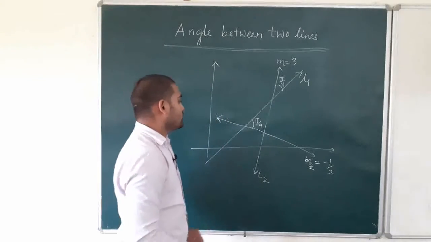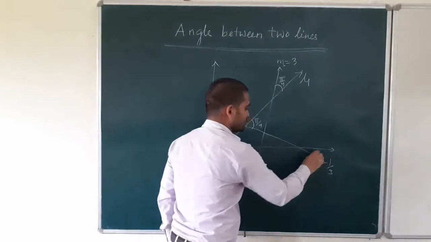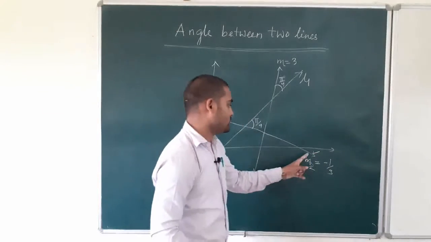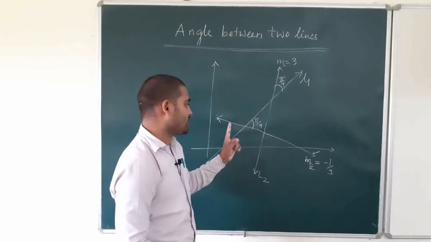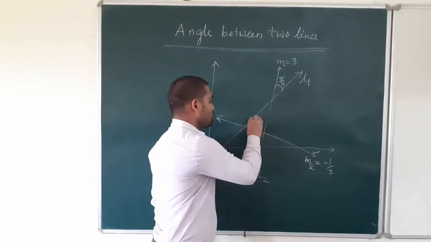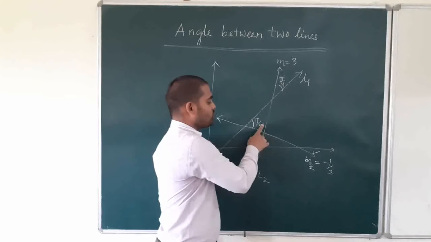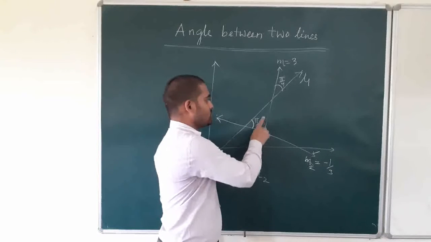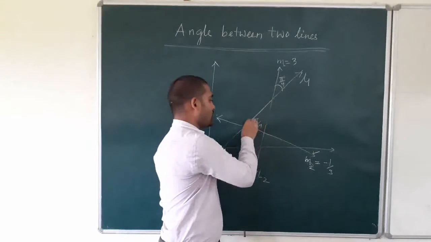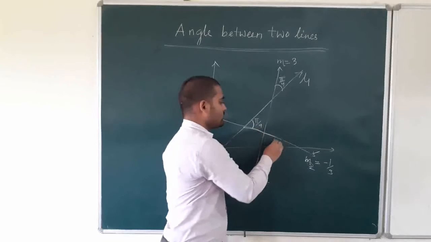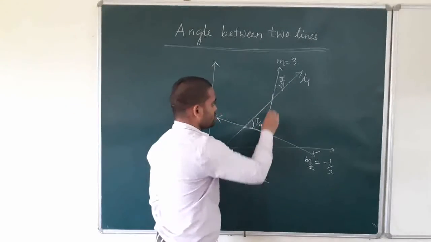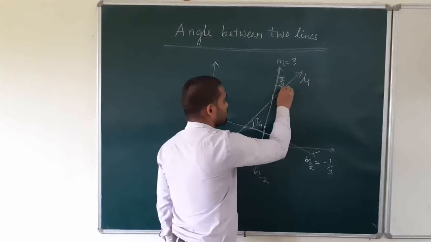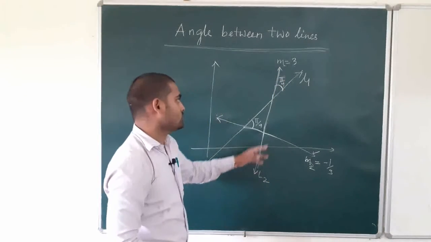So two lines are making an angle of pi by 4, that is 45 degrees, with the line L1.